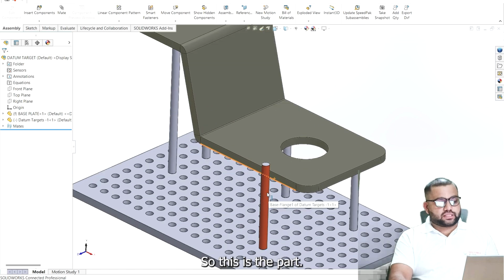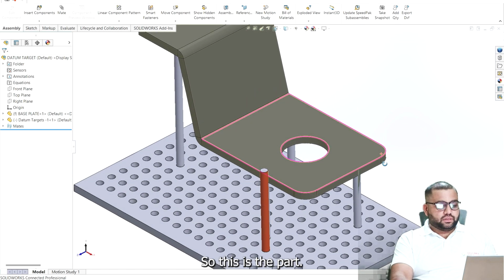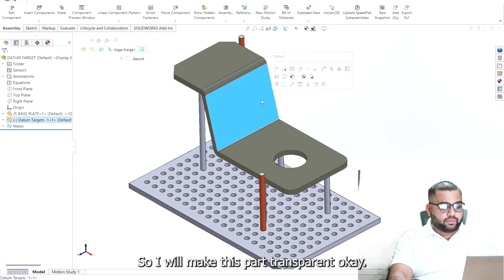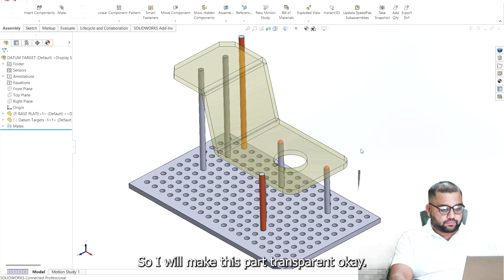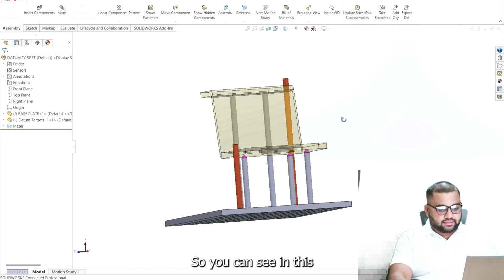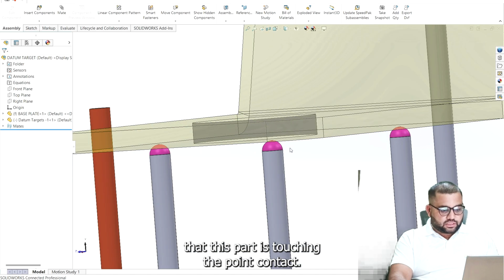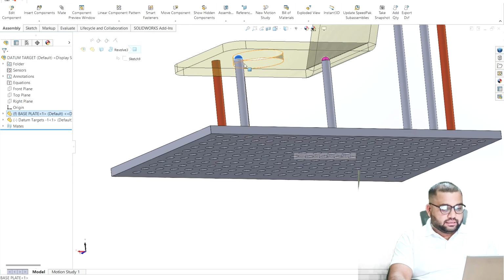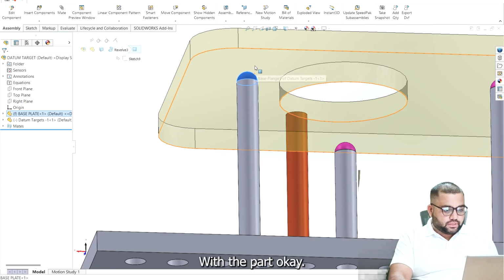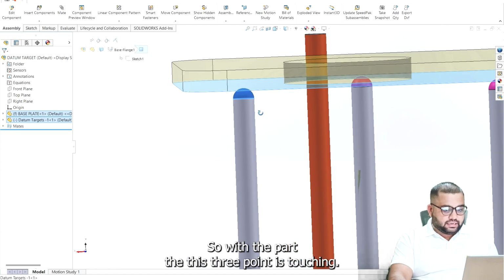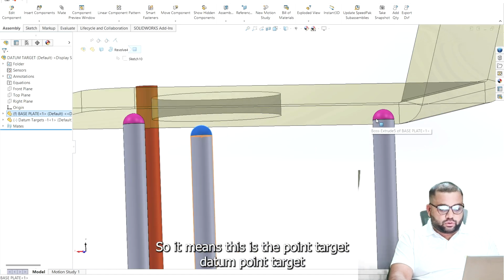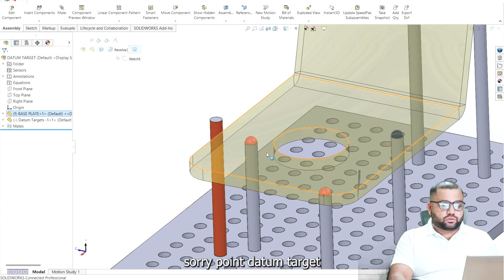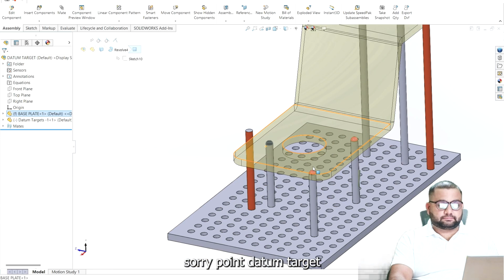So this is the part. First of all, we will see the point contact, so I will make this part transparent. You can see these three points are touching the part. So this is the point datum target.